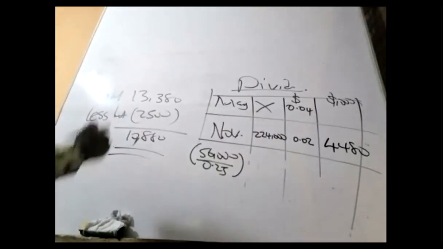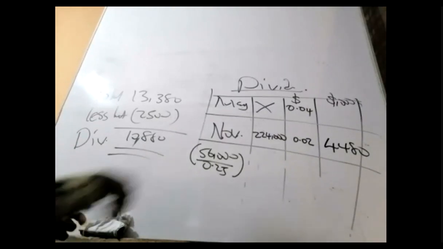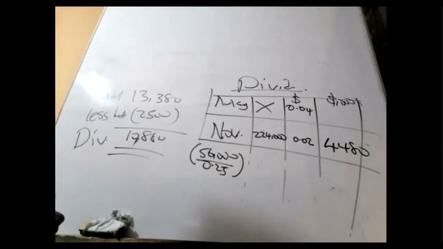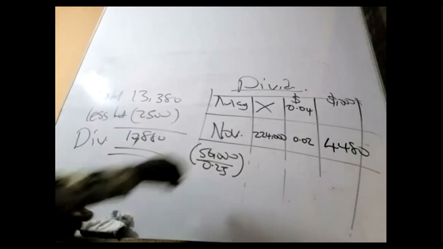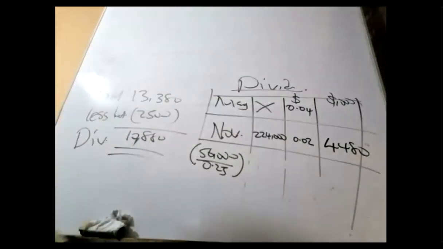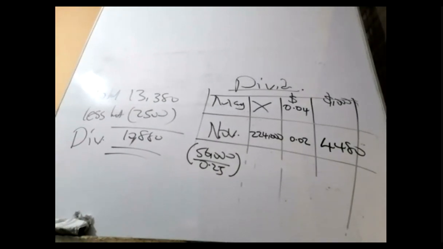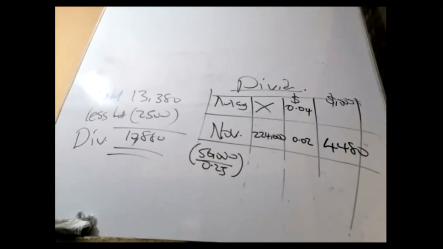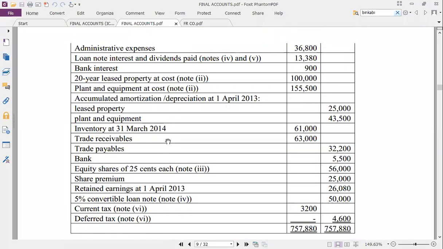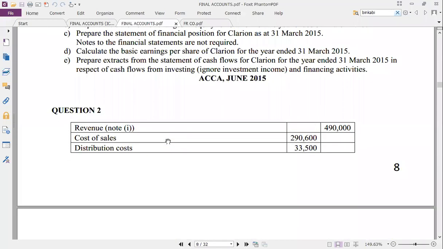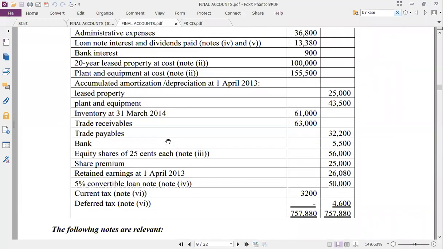Now we need to get the number of shares that the company had before the right issue. This is the number of shares after the right issue, so what's the number of shares before? Let's go and get the number of shares before the right issue. To get this, it's a bit straightforward.